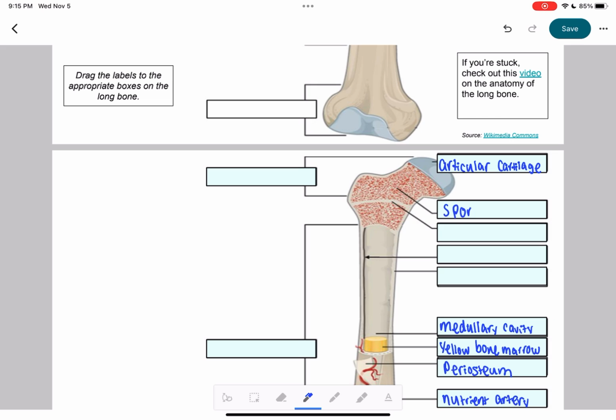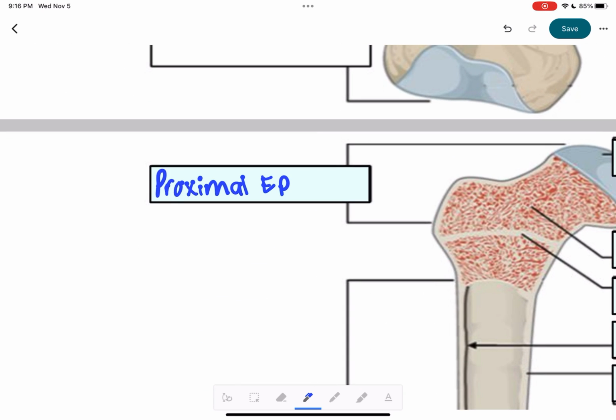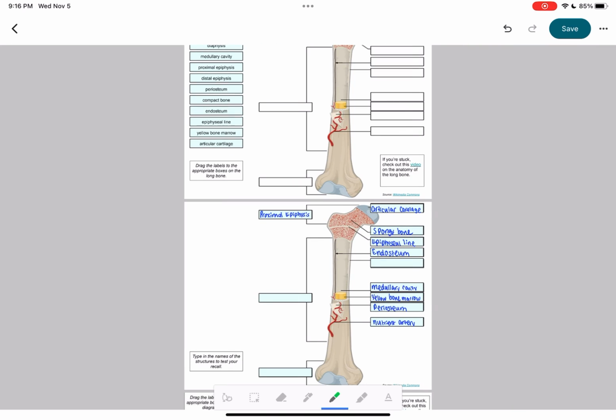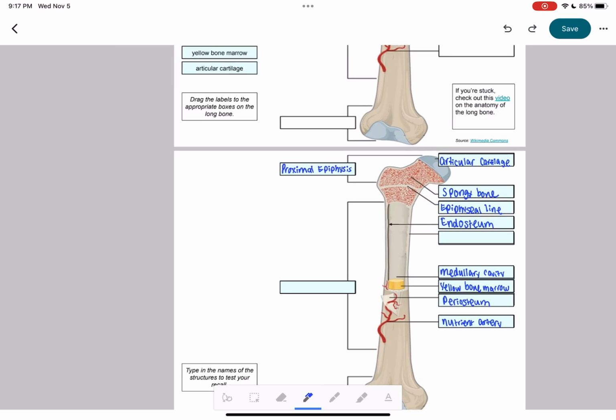Sorry, I had to make sure I didn't write articulate. Spongy bone, endosteum, epiphyseal line. Then up here you have your proximal epiphysis, because that's the proximal area. That's why it's proximal epiphysis.